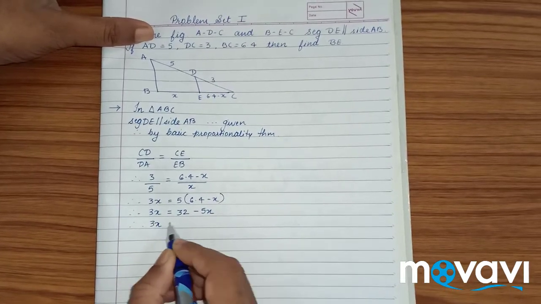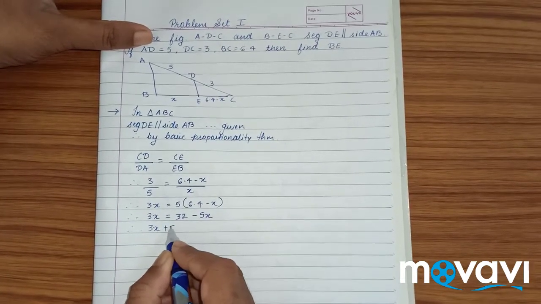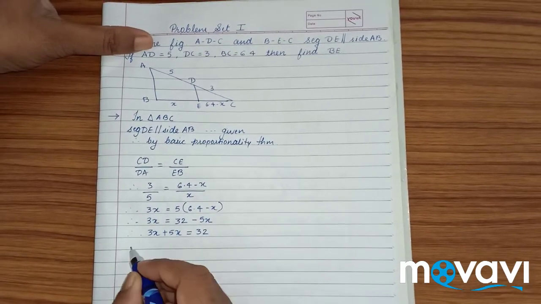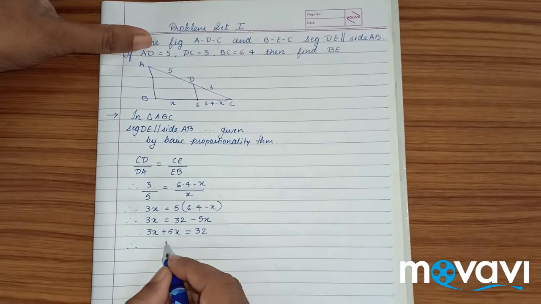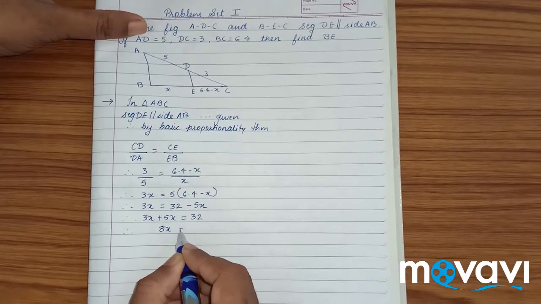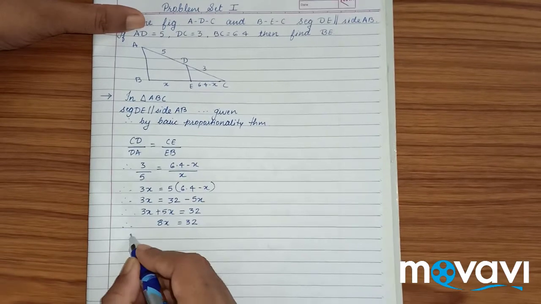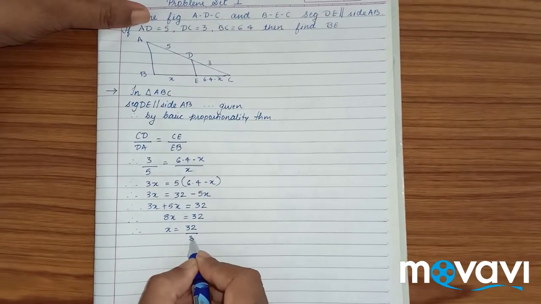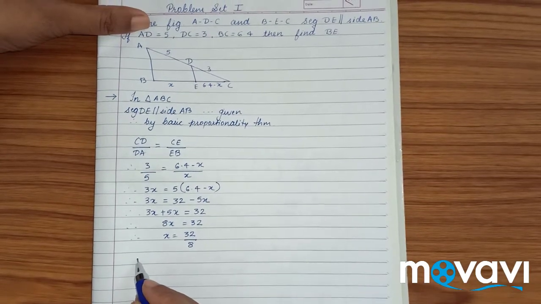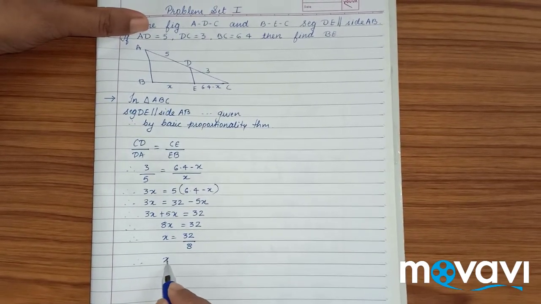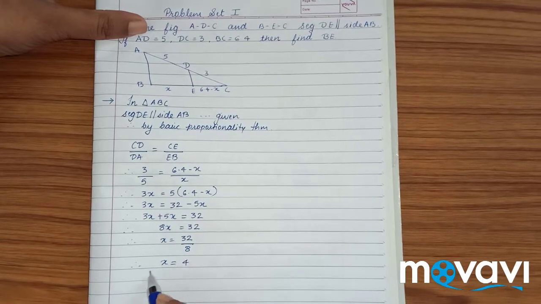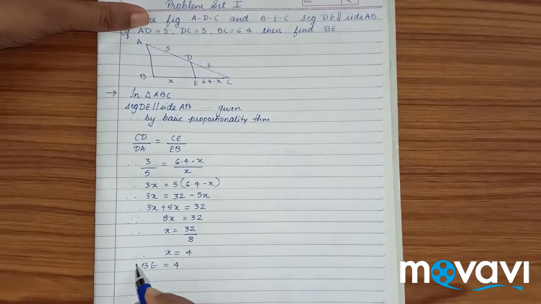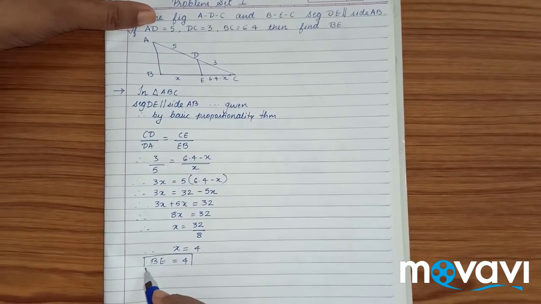So 3X plus 5X becomes 8X is equal to 32. Therefore X will be 32 by 8. Okay. Therefore X is equal to 4. And what is X? Nothing but BE is equal to 4. This is what was asked.